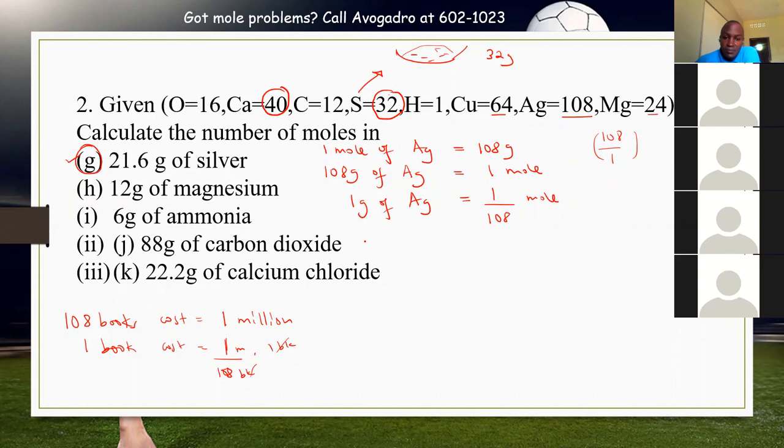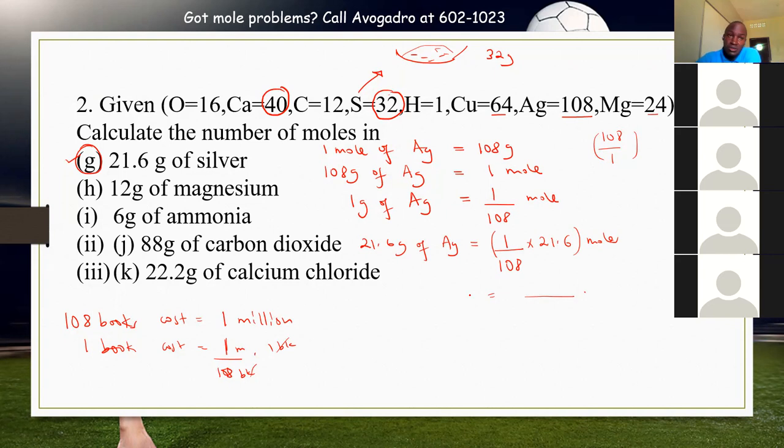So that means 21.6 grams of silver will be equivalent to this mole for 1 gram times 21.6. So we shall have 1 over 108 times 21.6 moles. So the answer you get will be the number of moles in 21.6 grams of silver.